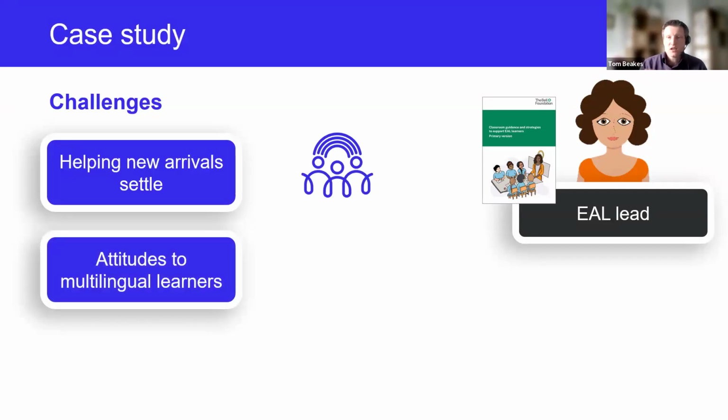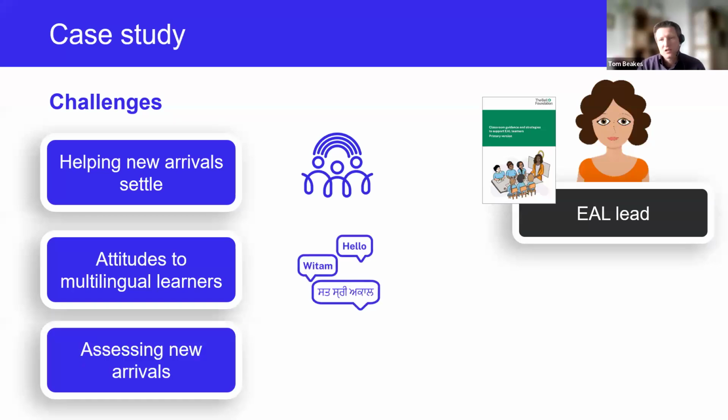The second challenge is helping staff understand their EAL pupils better and feel more confident exploiting their existing language skills, and reducing the fear, I guess, of hearing other languages in their classrooms. And I think that links very obviously as well to the multilingualism as an asset principle. And lastly, they want to find a way of assessing new arrivals' language proficiency and setting relevant targets for development, which obviously links directly to effective pupil assessment.